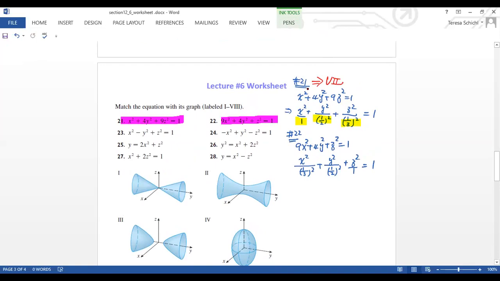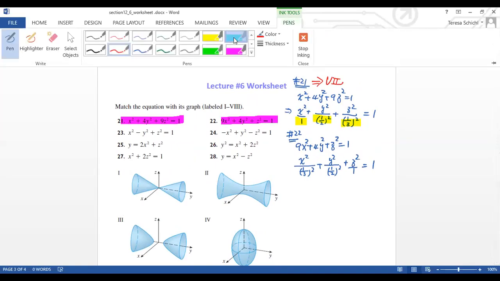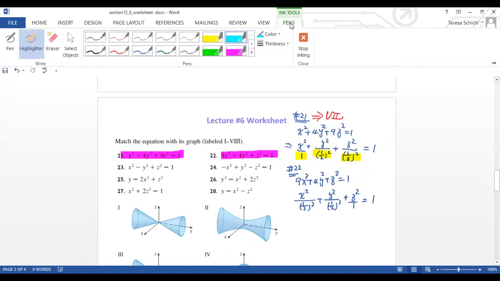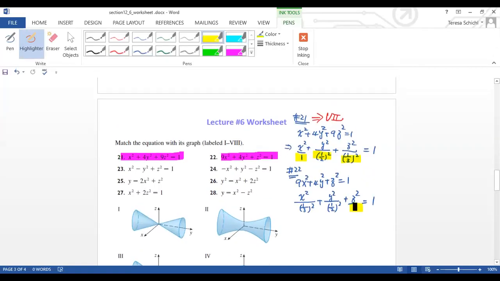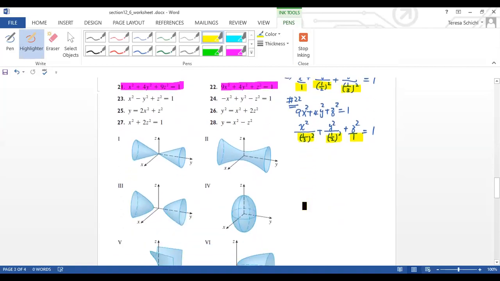In the same way, if you take a look at these ones here, the longest one has to be on the z, then the y, then x. So it's an ellipsoid, but the z has to be the longest one. That's why this will be the ellipsoid that kind of extends up.